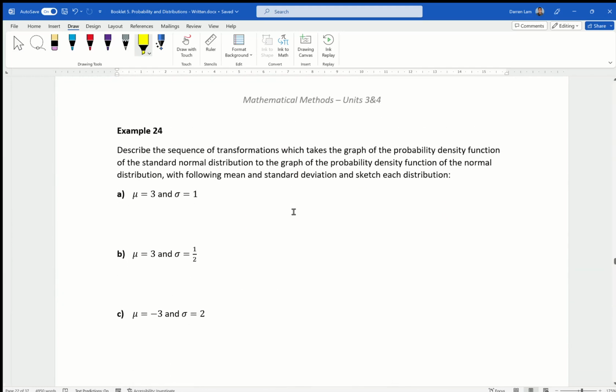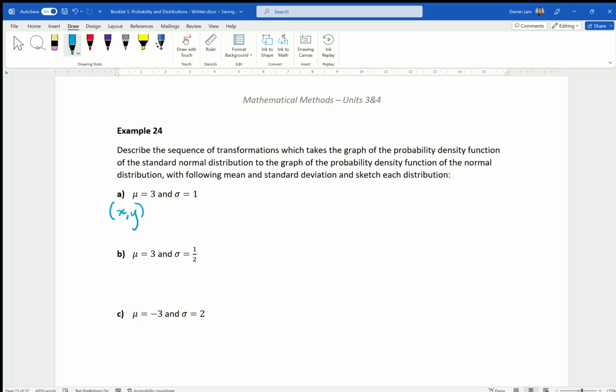Turn the page for me. Example 24. Describe the sequence of transformations which takes the graph of the probability density function of the standard normal distribution to the graph of the probability density function of the normal distribution. So in other words, from standard to normal, with the following mean and standard deviation, and sketch each distribution. I'm not going to go through each question, but I'll show you how we would do this.